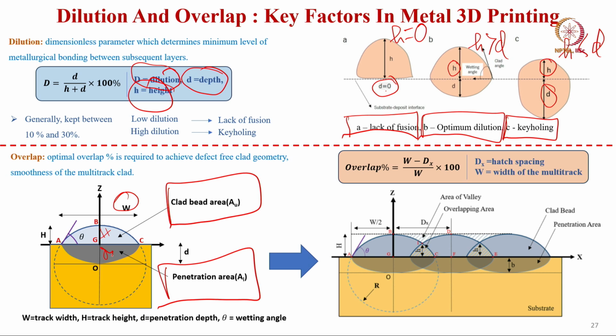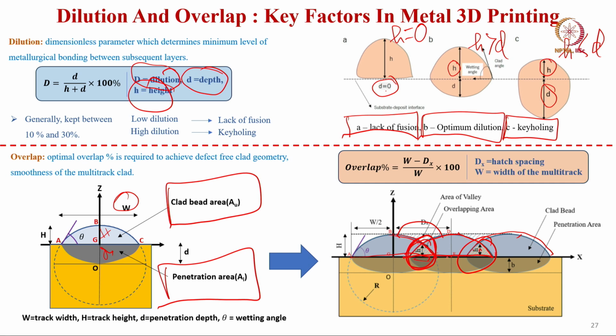Now, in the case of overlapping, as I said, what is the dilution and overlapping? This is the 2D cross section of your single track, and this is the 2D cross section of your neighboring single track. Between this track and this track, the area I am circling is the overlapping area, because it is the common area which belongs to both tracks.